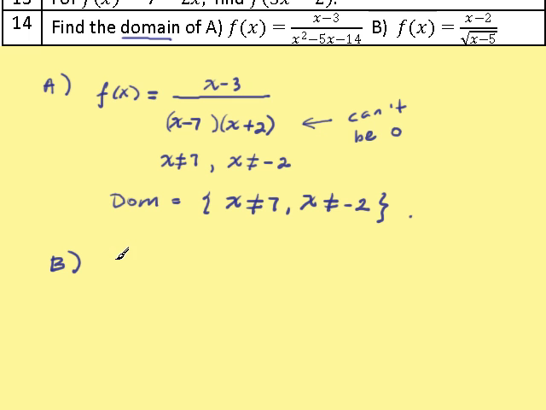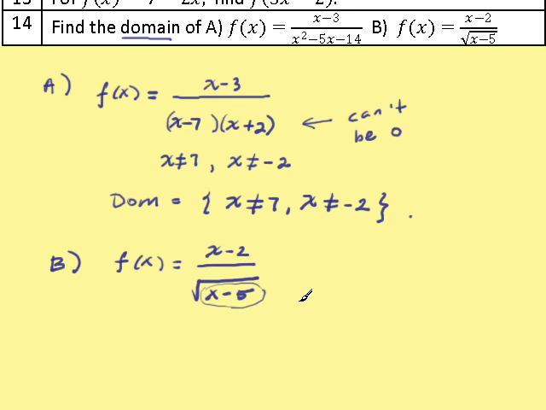All right, in part B, we have f of x equal to x minus 2 over the square root of x minus 5. Now, again, the denominator can't be 0, but also we require that anything underneath a square root must be greater than or equal to 0.